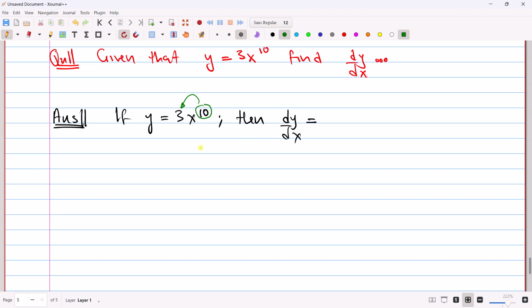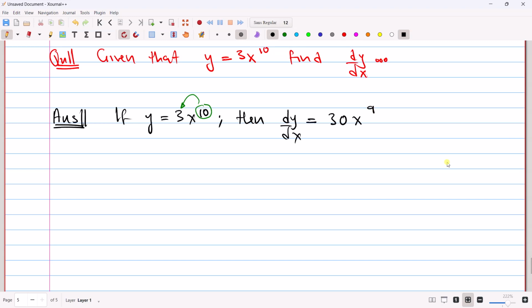So you start by taking the power and multiplying the coefficient, and you will get 30. After doing that, you bring the variable that carries the power next to it. And then the power is also brought forward, but when you bring it, you first have to deduct 1 from it.